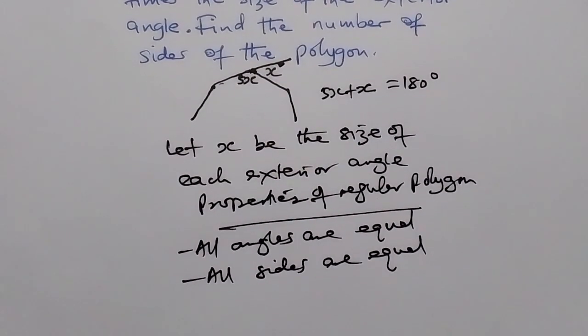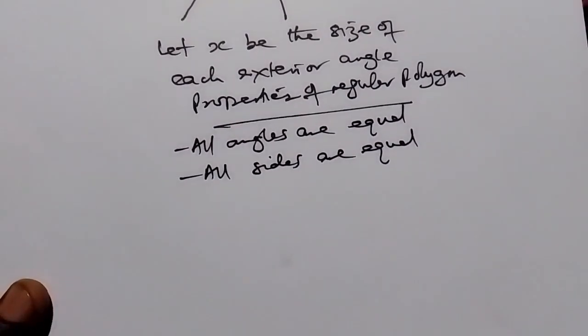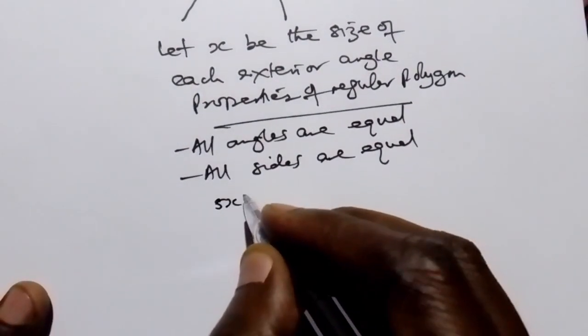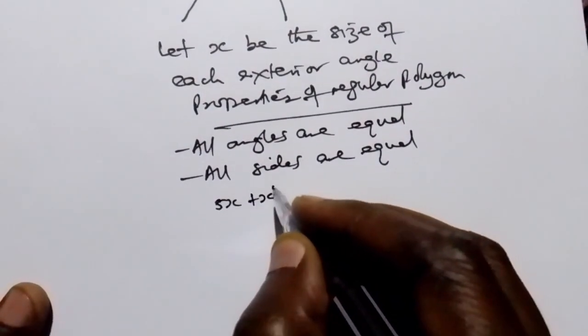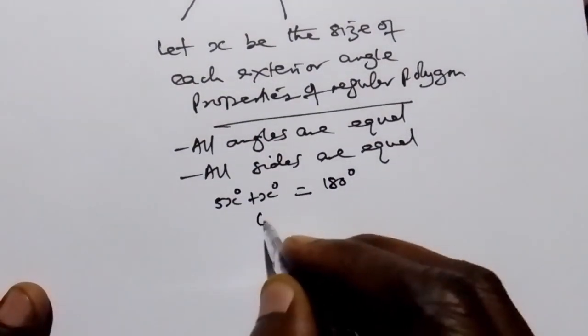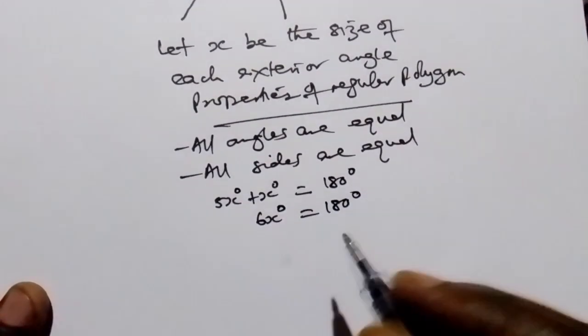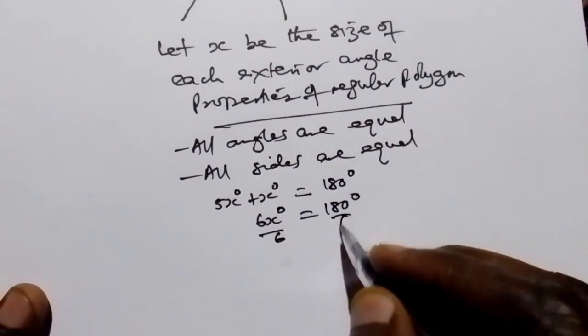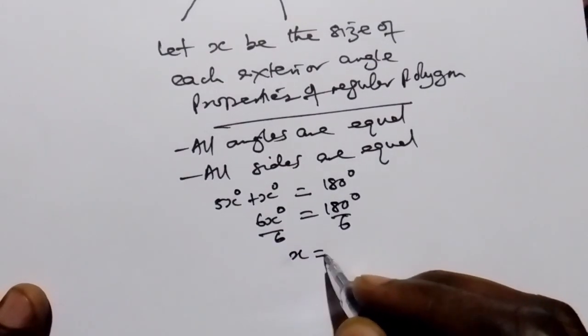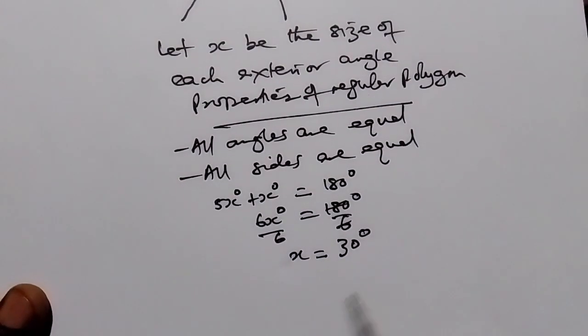So we can put it down here: 5x plus x is equal to 180 degrees. 6x degrees is equal to 180 degrees. We divide by 6. x is equal to 30 degrees.